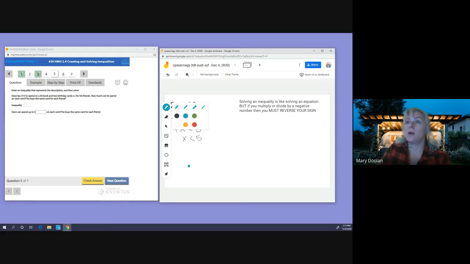Okay, so anyhow, Dave has $13. That's what he's got. And then we're going to go to the store. I'm just going to leave this area blank, because we're going to put a symbol right here. He's going to spend $6 on a book. And if you remember, the word and means add. And he's buying 2 birthday cards, but we don't know the price of the card.